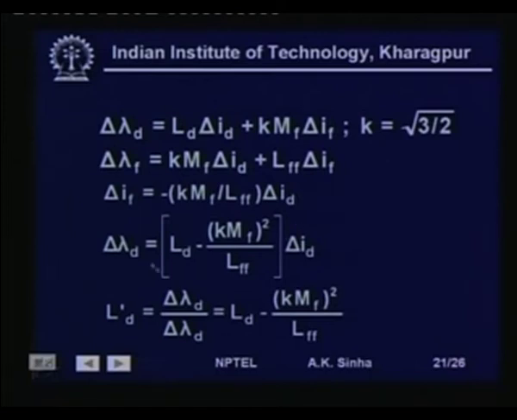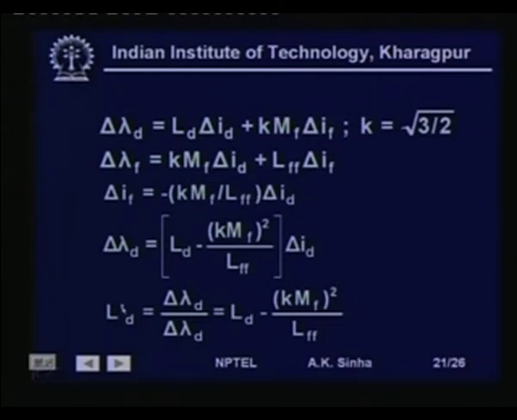Now, this term is basically showing the inductance due to the short circuit which is created in the system. So, delta lambda d is showing this change in inductance, and this inductance we call the transient inductance of the direct axis winding.